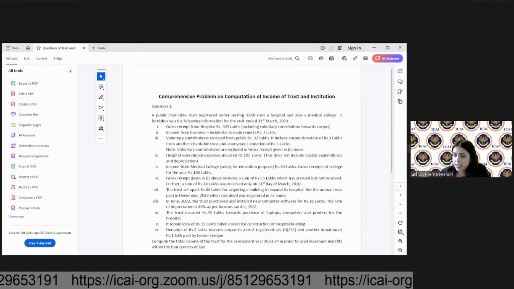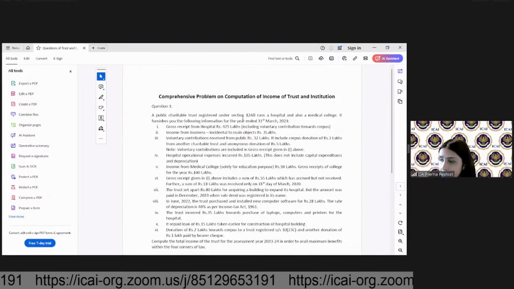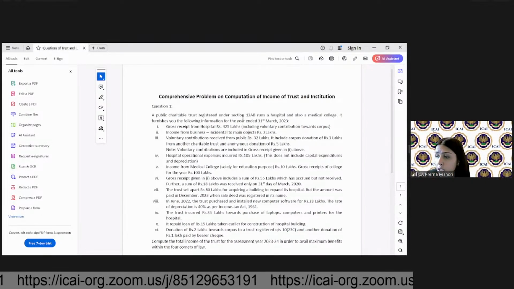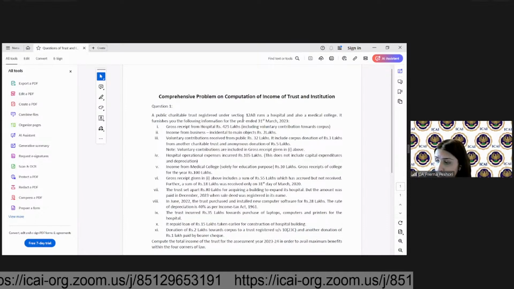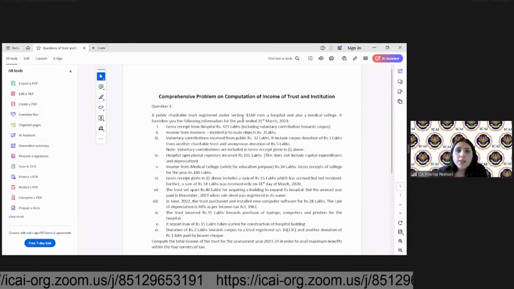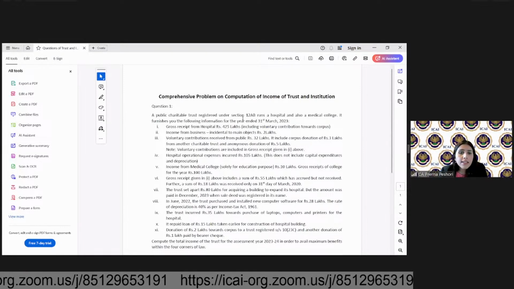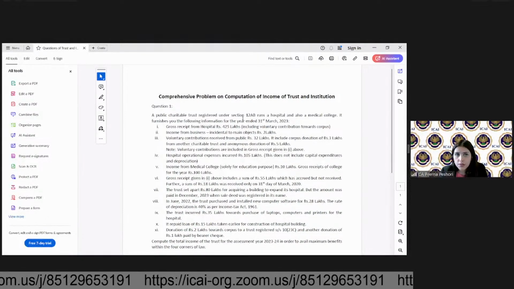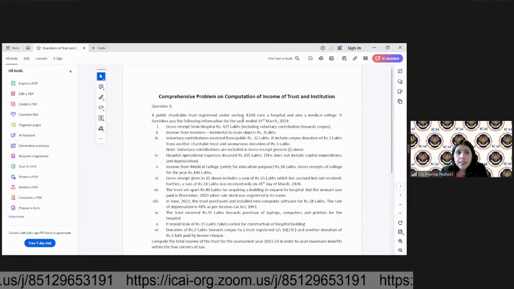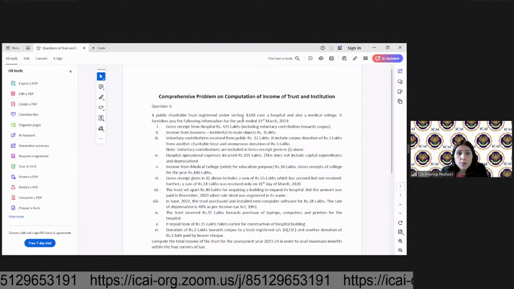Okay, let me explain. In this particular case, there is this gross receipt from the hospital, and it includes the voluntary contribution also. So, how will you start with it? If you remember, in the last class, we discussed the entire computation aspect on this particular point.